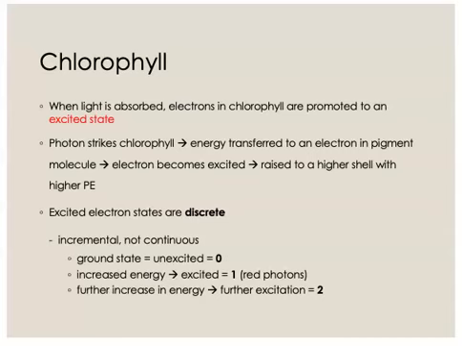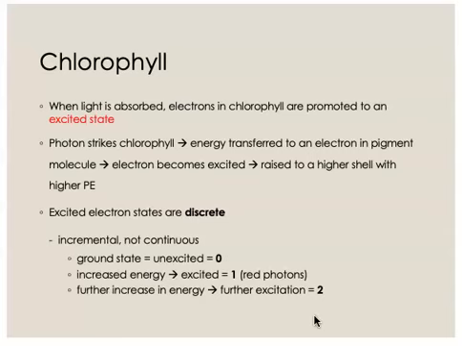The electron can go from the 0 level up to 1, but it cannot go to a half or 3/4. If it can't make it up to the 1 level, it will fall back down to 0. These are discrete levels. They are incremental, not continuous. 0 to 1 to 2.